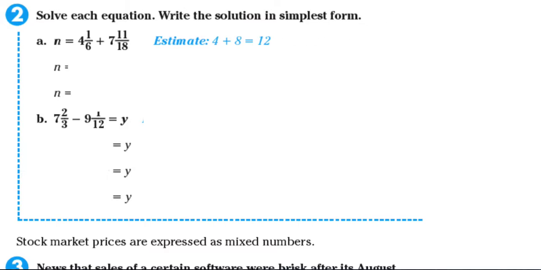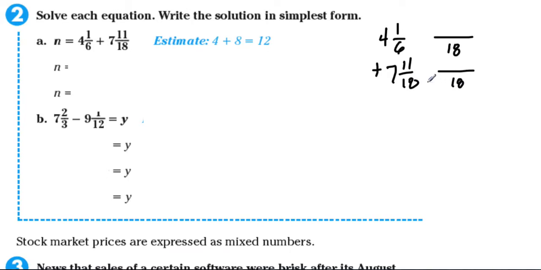Okay, in order to do that, there's another way of doing this. If you're not too proficient on the horizontal method of doing it, do it the vertical method. So you have 4 and 1/6, and you're adding 7 and 11 over 18. You want to find the LCD of 6 and 18. Okay, and the LCD is 18.